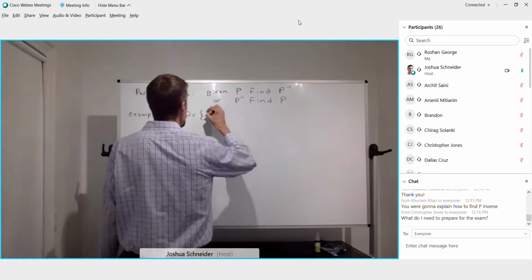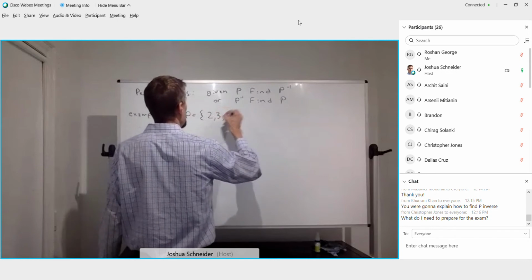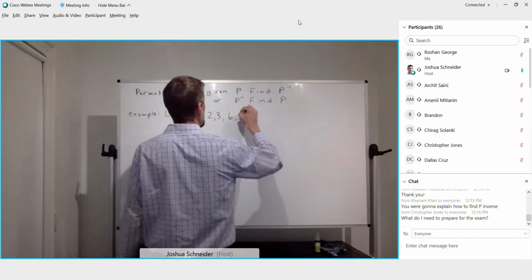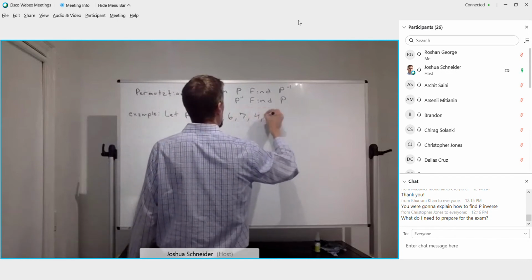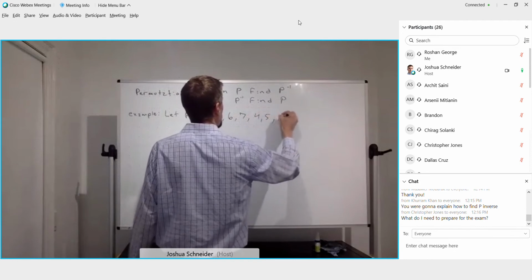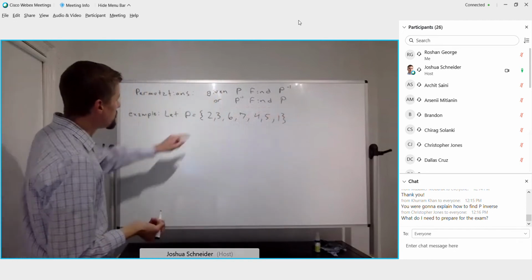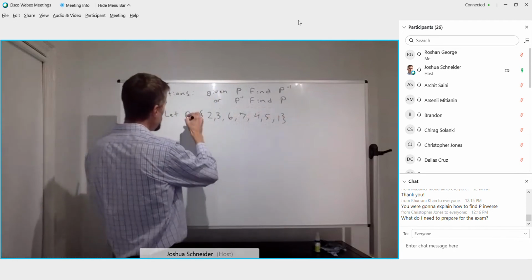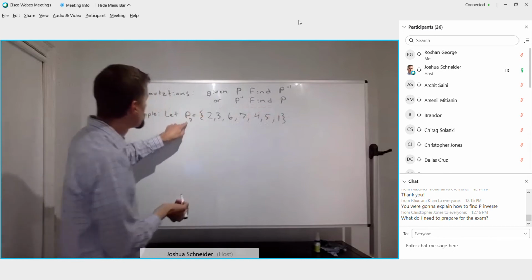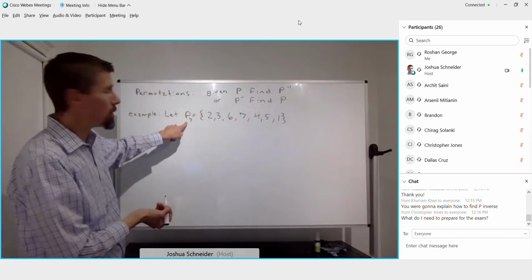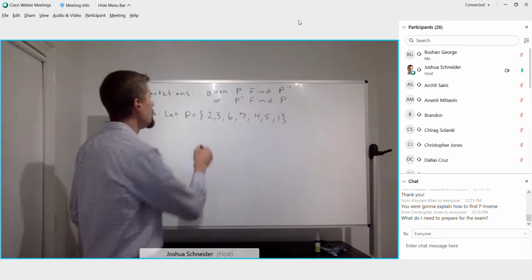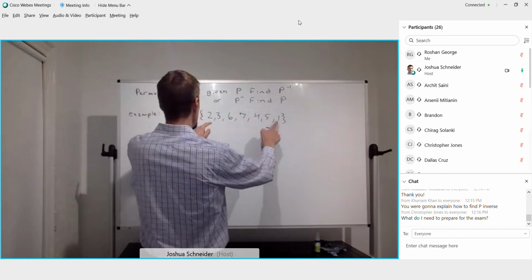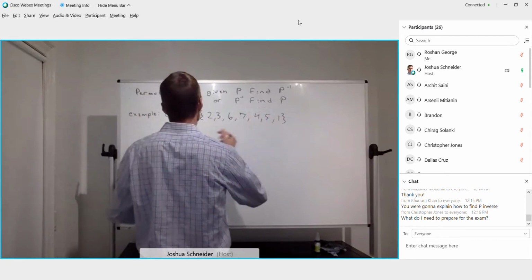So let's say this was 2, 3, 6, 7, 4, 5, and 1. Okay, so this is our original. Remember, this would be a P7, but the same technique can be used for any number of integers, right? So just check that you have all the integers here: 1, 2, 3, 4, 5, 6, 7.